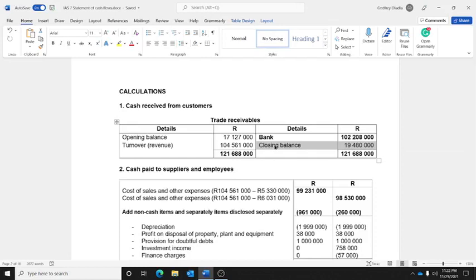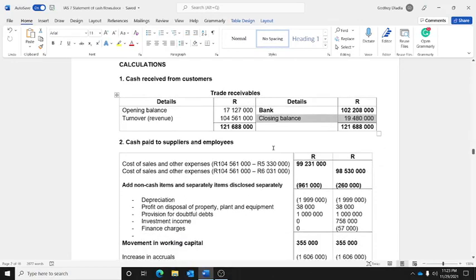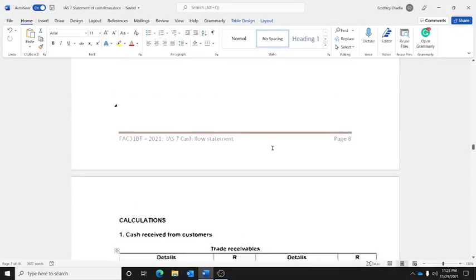Trade receivables, if we assume it is debtors, the way we know how to do it every time in accounting is that we say trade debtors minus provisions. So these figures, the opening and closing ones, must always exclude the provision. If in a question it is presented that the provision has already been deducted, you must add it back. Okay, I will show you in the next exercise what I'm saying. Right, let's look at this one.